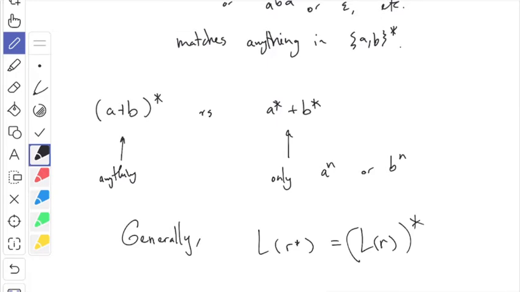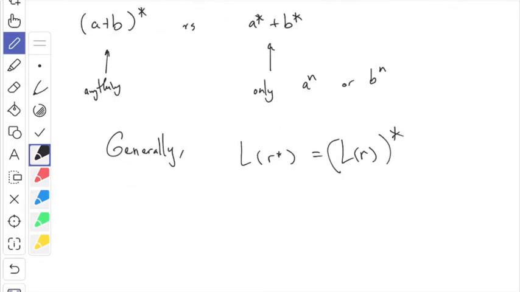All right? And then one last operation, which is so simple that you don't even notice it, so I'll say this is the last operation for regular expressions, is concatenation. This means you just write two things next to each other.